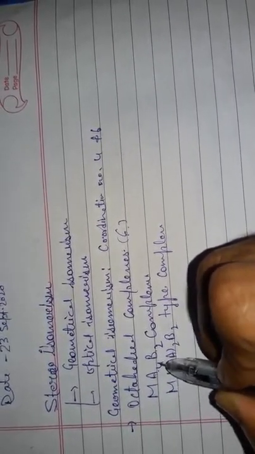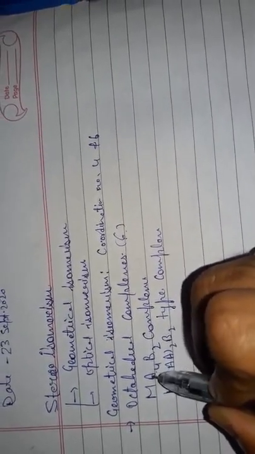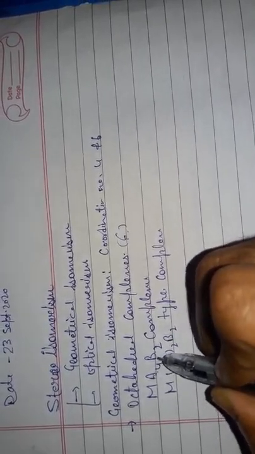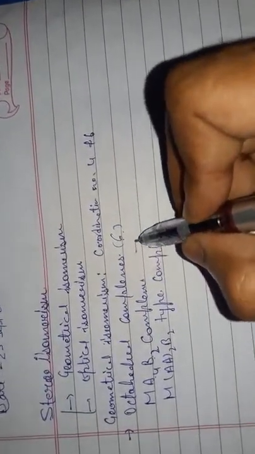A4 stands for 4 ligands that are the same, for example chlorine present as a ligand, the 4 form of chlorine, and B2 is the 2 form of the second ligand. So I will take an example of these complexes.